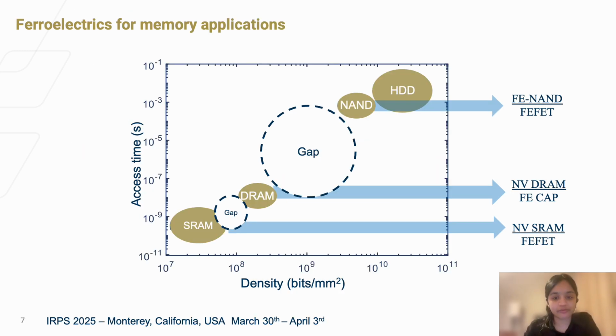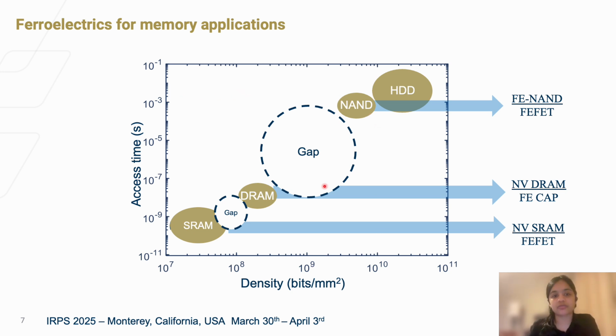Ferroelectric materials have garnered significant attention in recent years as emerging memory technologies. If we look at this graph, we have access time versus density. At the bottom left, we have SRAM, which has high access speeds but low density. On the other end, we have NAND, which has low access speeds but high density.